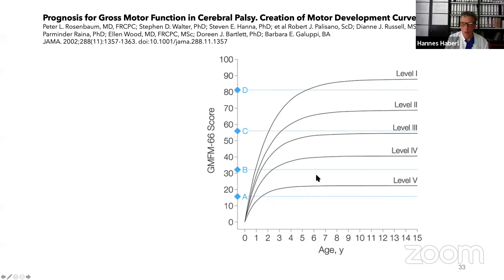this is a group of only conservatively treated children, and you see that the children with the highest handicap, level 5 gross motor function, they reach the limit of improvement very early in their age. It's around 3 years. Whereas the children with a lower impairment have more time to improve until the age of 8 or 9.